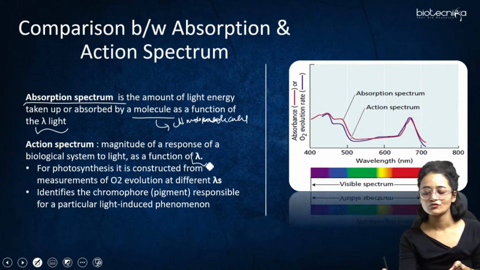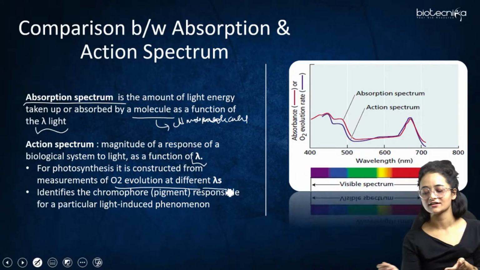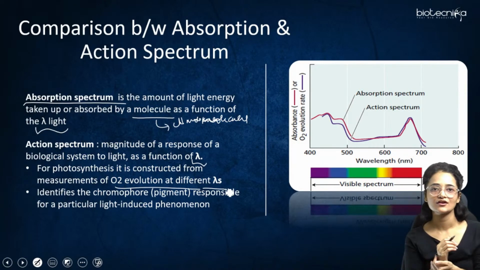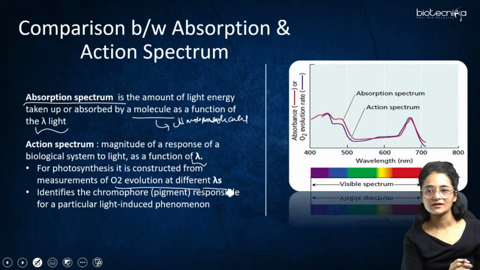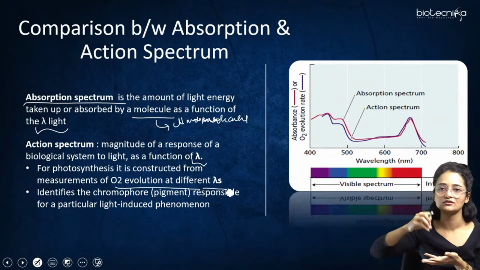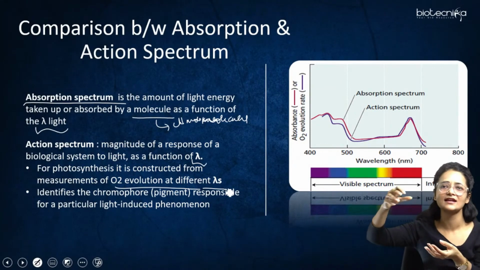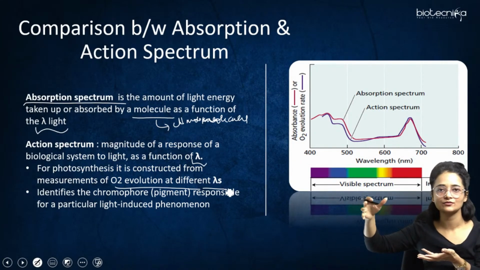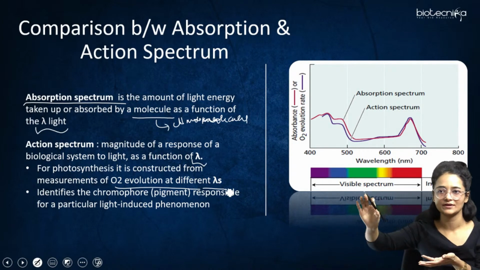For photosynthesis, it is constructed from measurements of oxygen evolution at different wavelengths, right? The experiment that we studied in the earlier slide was saying that wherever the chlorophyll molecules absorb the light, there only the oxygen evolution was taking place and the bacteria were growing. From that, it was evident that oxygen evolution is taking place at that particular area.